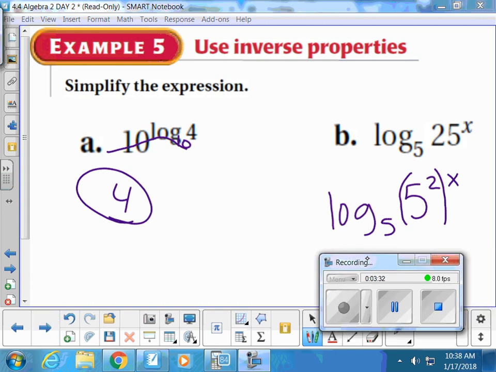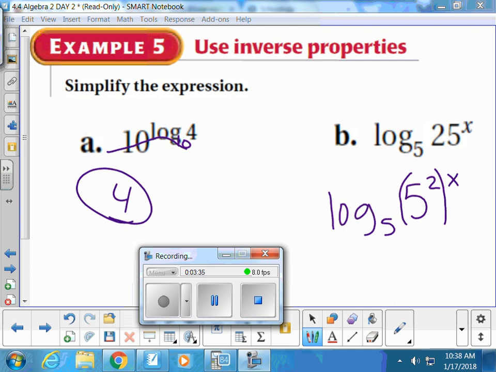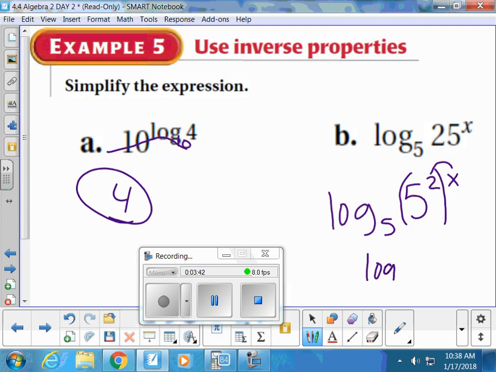If I have a 2 on the inside of the parentheses and an x on the outside, and I want to make it one term, those two would multiply. So we'd have log base 5 of 5 to the 2x, and now we can utilize the cancel property. Log base 5 of 5 can cancel, leaving me with the final answer of 2x.